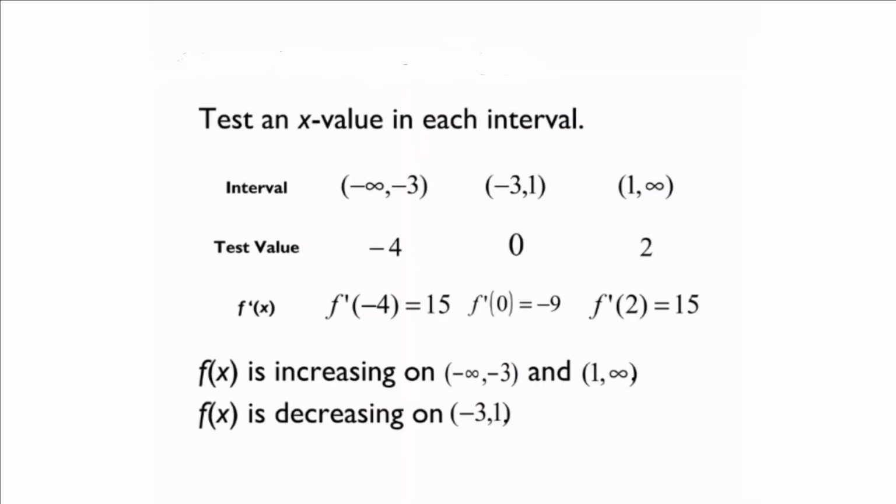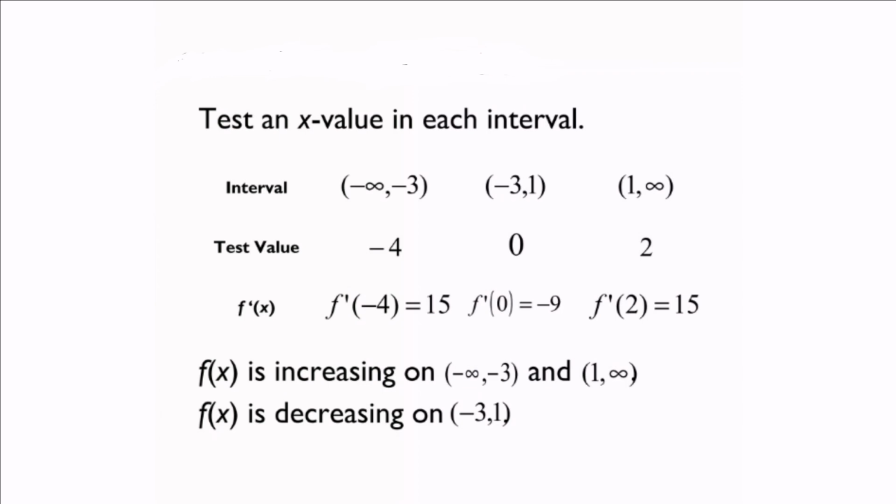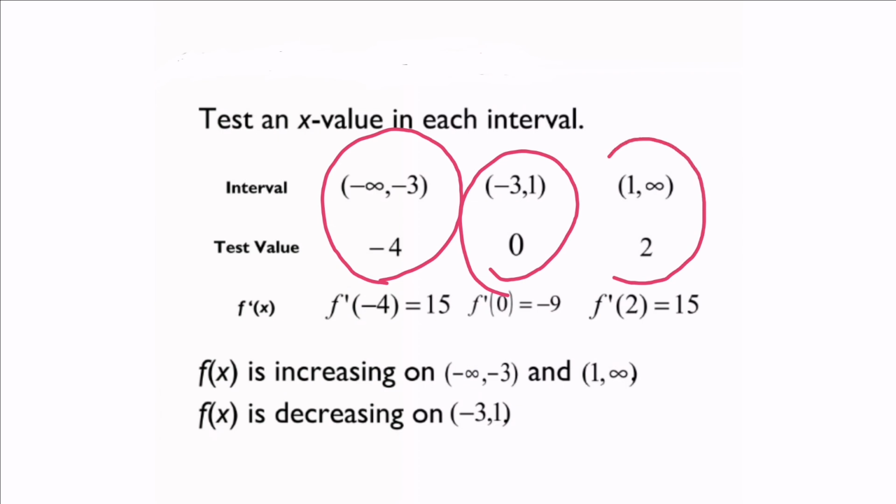These critical numbers divide all real line on 3 subintervals from minus infinity to minus 3, from minus 3 to 1, and from 1 to infinity. Now, by choosing test point minus 4 on first subinterval, 0 is a test point belong to second subinterval, and 2 is a test point belong to third subinterval.